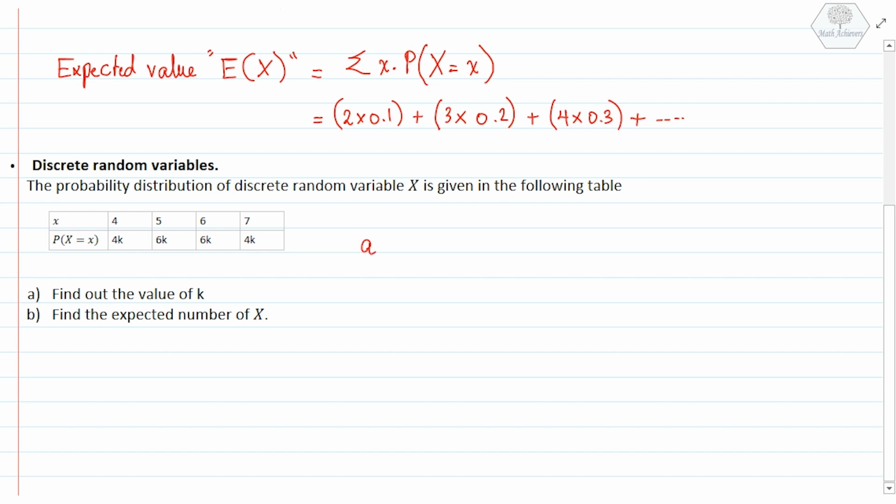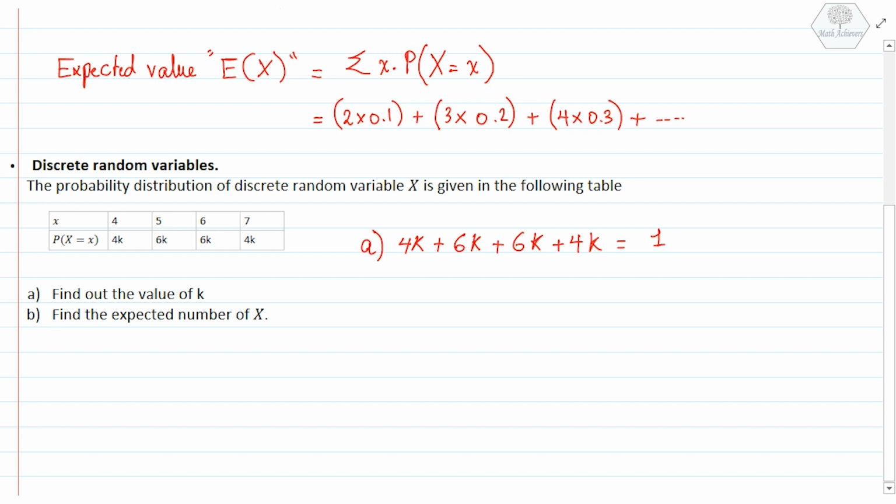Simply for section A, we always said that all the probabilities add up to 1. So I have 4k plus 6k plus 6k plus 4k equal to 1.